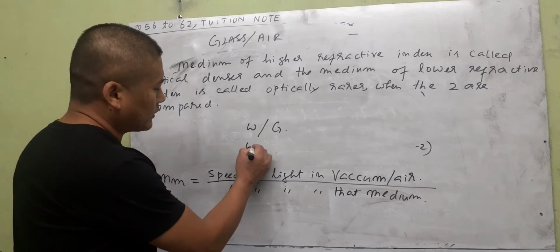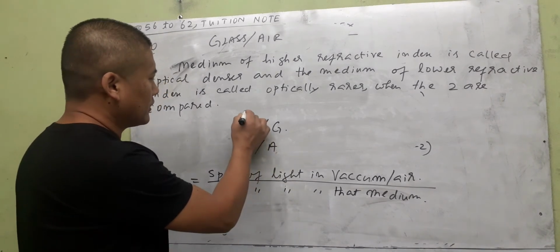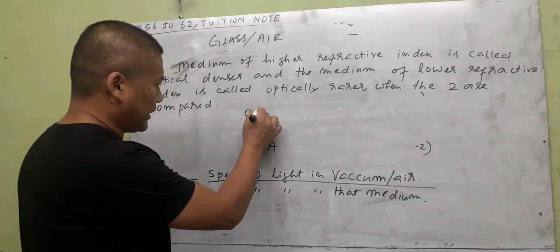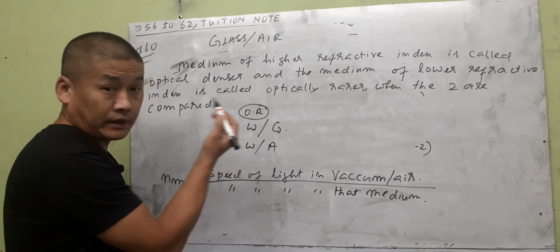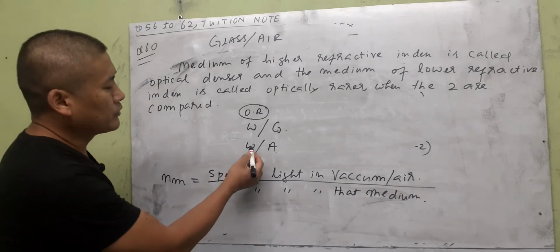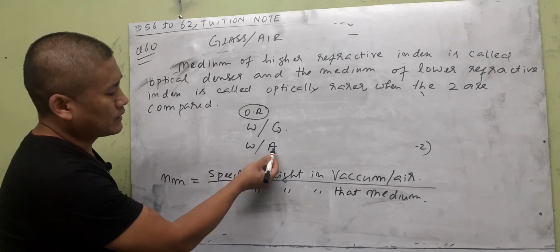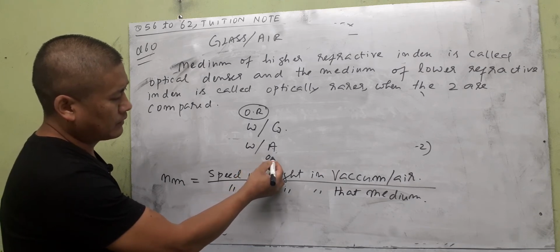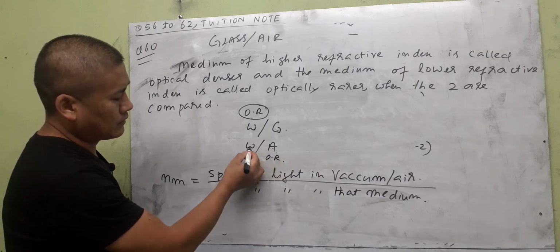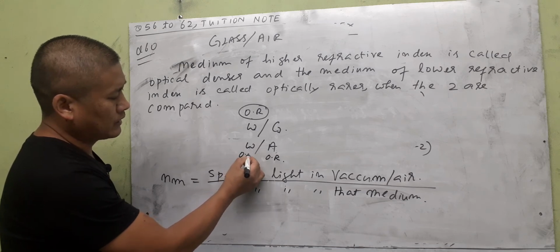Water is optically rarer when compared to glass. This is important. But when you compare water to air, air has lower refractive index, so optically rarer, and water has higher refractive index, so optically denser.